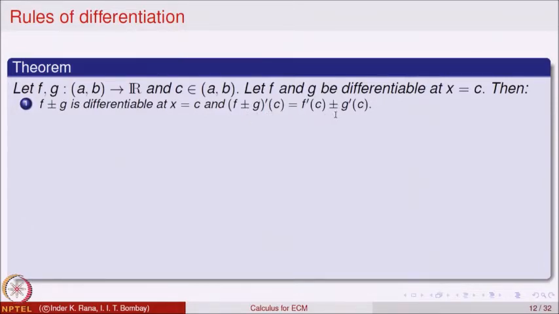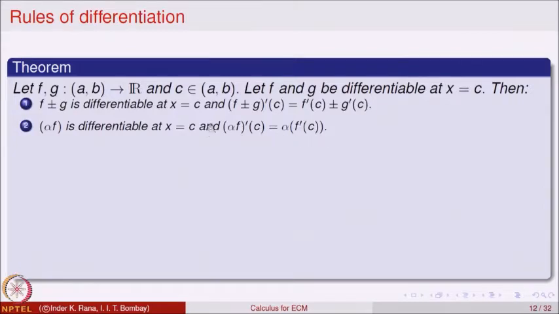But keep in mind, only if both f and g are differentiable can you calculate the derivative of f plus g. Next, let us look at a scalar multiple of a function f. If f is differentiable at c, then alpha f, that is, the scalar multiple of f with the scalar alpha, is also differentiable, and the derivative of alpha f is equal to alpha times the derivative of f.